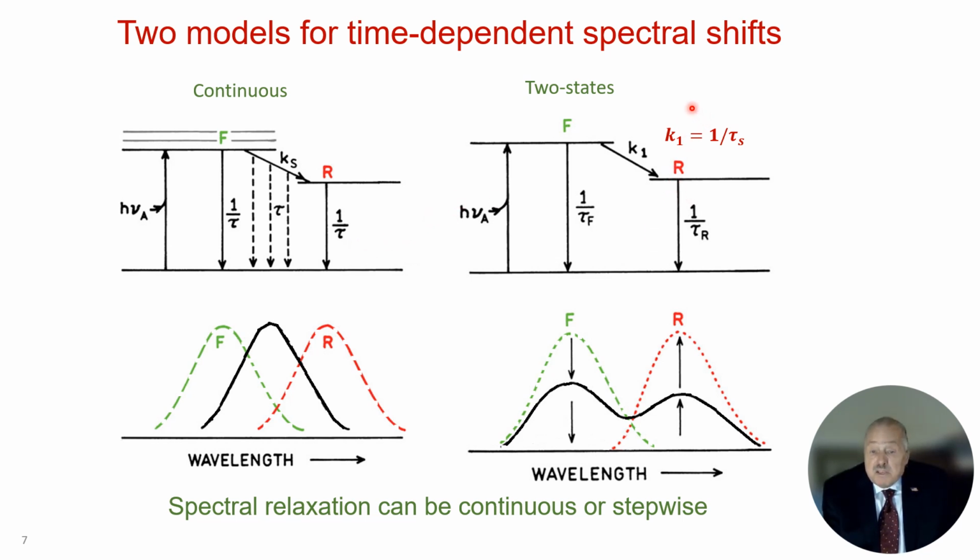It's going to be easier to explain this process by starting with this two-state relaxation process, where the molecule goes to a relaxed state, which has a longer wavelength emission spectrum than the F state. So during the lifetime of the excited state, the F state is decreasing in intensity and the R state is increasing in intensity.